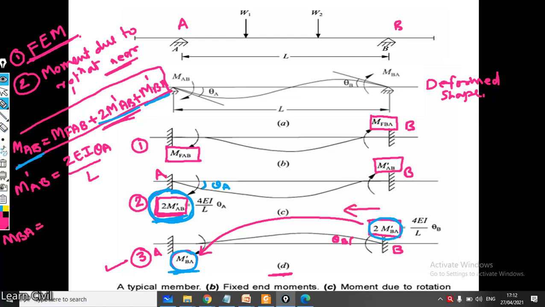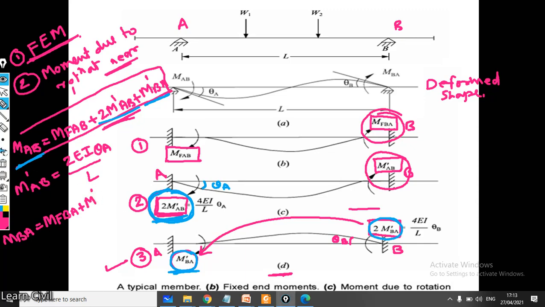Similarly the final bending moment MBA, the final bending moment for member BA, that is from this end to this end, will be equal to MFBA, that is this fixed moment value, plus the bending moment which is developed due to rotation at the far end, that is M dash AB.